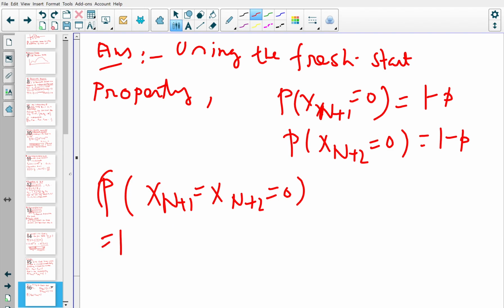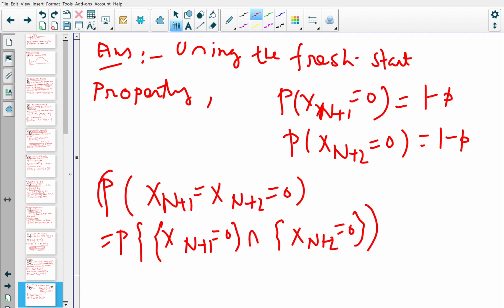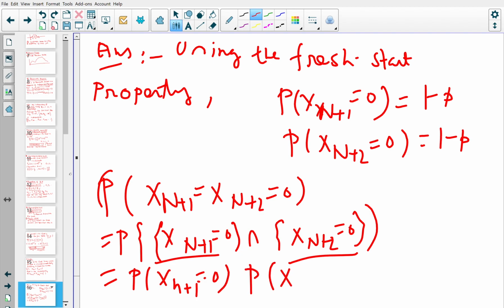That means it is the intersection of two events, x_{n+1} equal to 0 and x_{n+2} equal to 0, and because these events are independent, we can write the probability of x_{n+1} equal to 0 times the probability of x_{n+2} equal to 0. Both have probability 1 minus p, so it is (1 minus p) whole square. That is the answer.